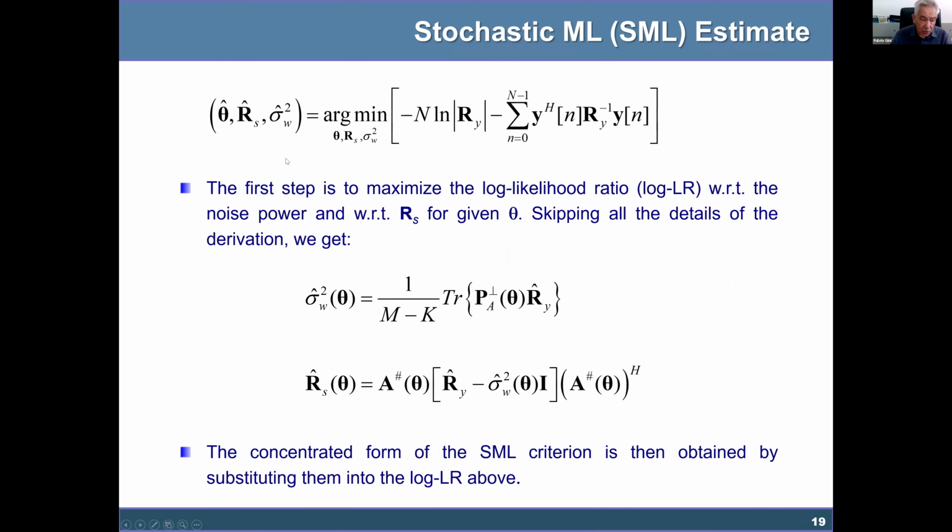To find the maximum likelihood estimator, we can calculate the log-likelihood, so the logarithm of the PDF, and then maximize it. Maximizing the logarithm of the PDF means minimizing this quantity here with respect to the unknown parameters.